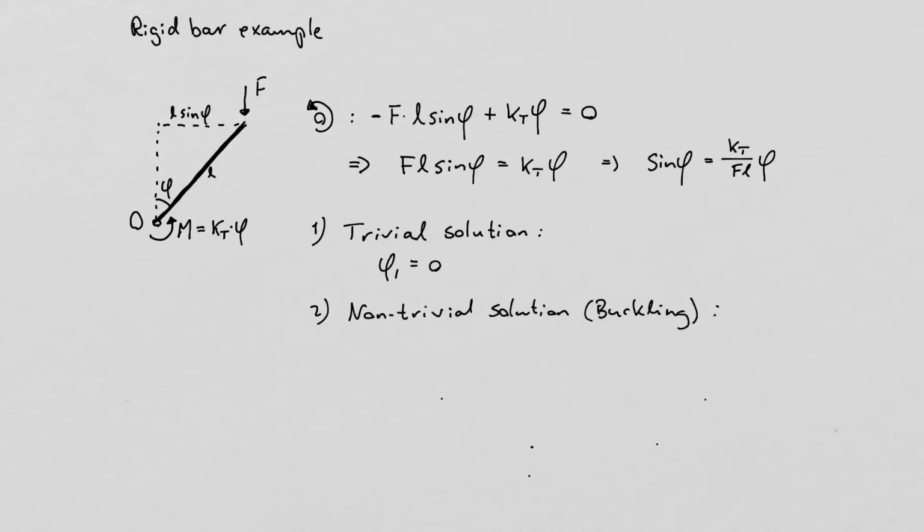Well, we already have the condition up here. We have to solve this equation for phi. It's not an easy equation to solve because it's nonlinear. Of course, you can do it in Maple or other mathematical software. But we can somehow indicate a graphical solution.